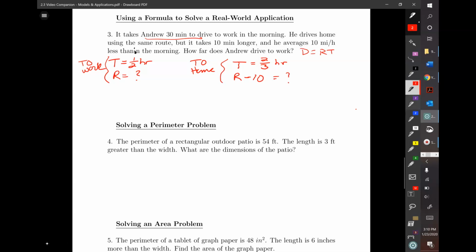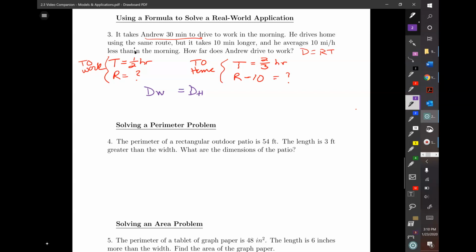Then I have distance to work, D sub W, equals D sub H for home, because it's the same place. He didn't vary how he went. Just like the phone plan problem, where we wanted to see when they have the same overall cost, we set them equal to each other in the equation.